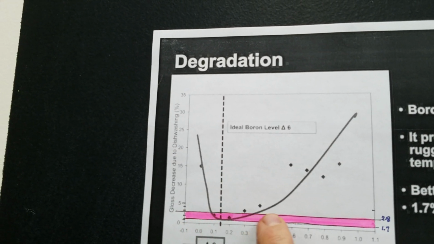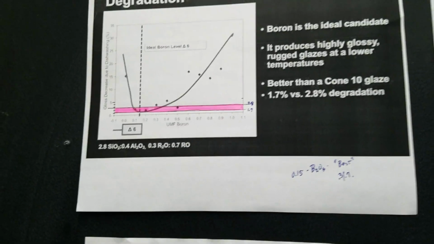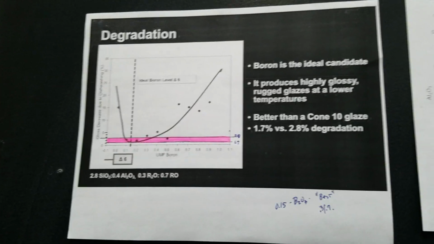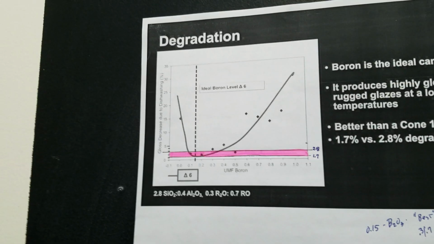So to me, this is not definitively saying that 0.5 is the best. What it says to me is boron makes stronger glazes than cone 10.